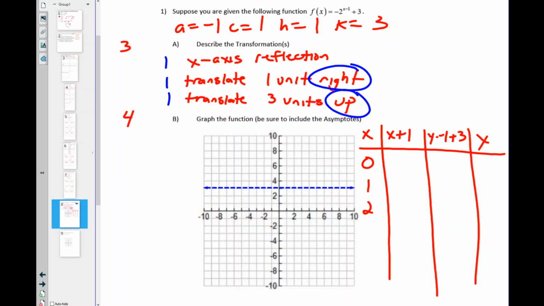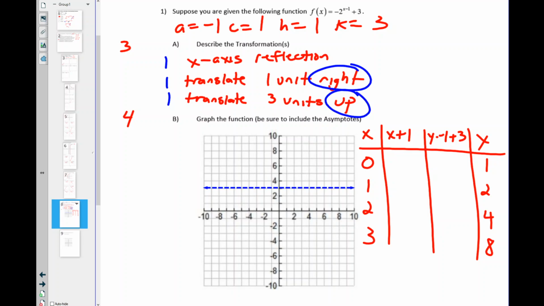If you put an extra point, even better, but 3 points would have sufficed. So 2 to the 0 is 1. 2 to the first is 2. 2 squared is 4. Here, I'll put an extra point just in case some of you did: 2 to the third is 8.